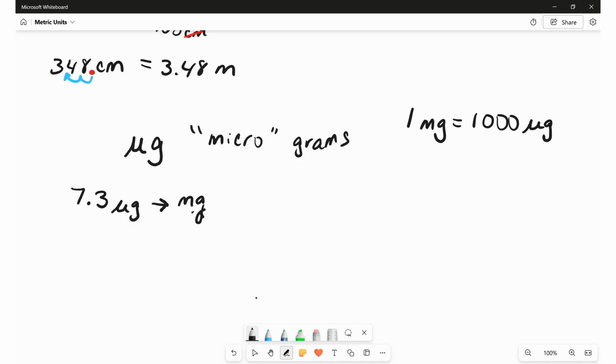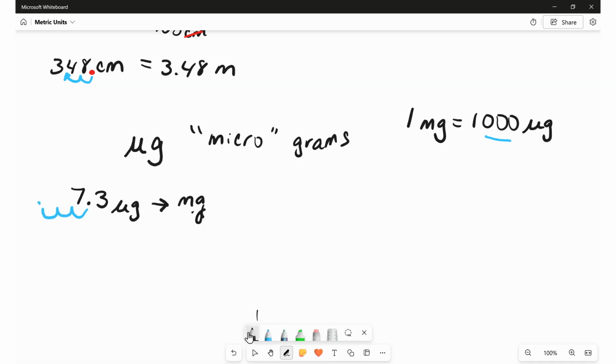Well, you notice we have 3 zeros. So we need to take this decimal and move it 1, 2, 3, and drop it.